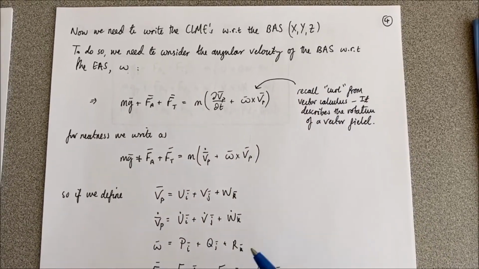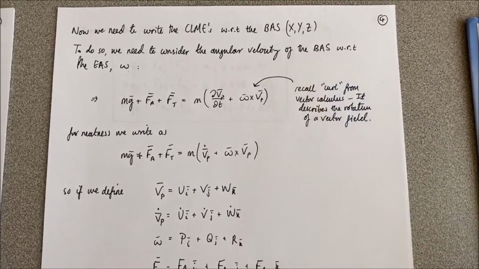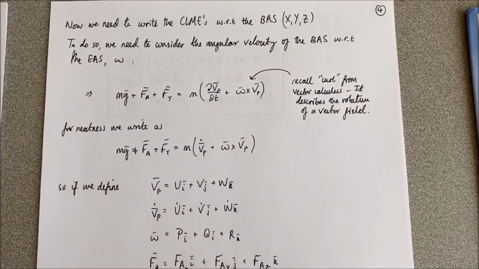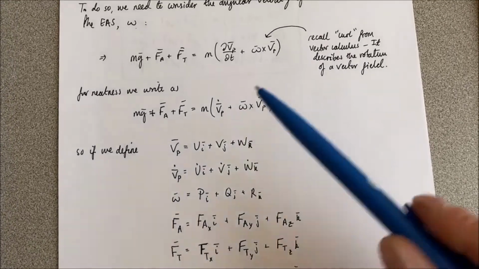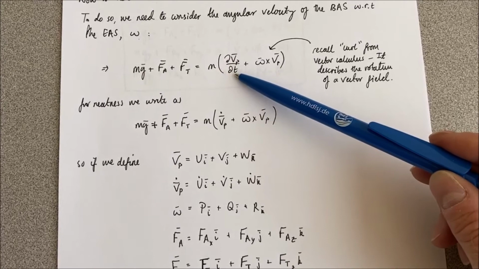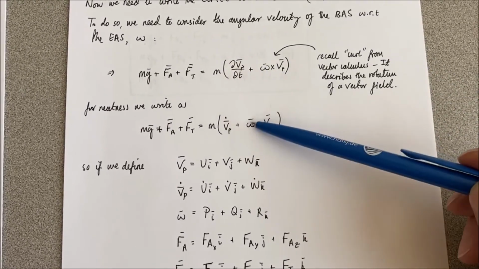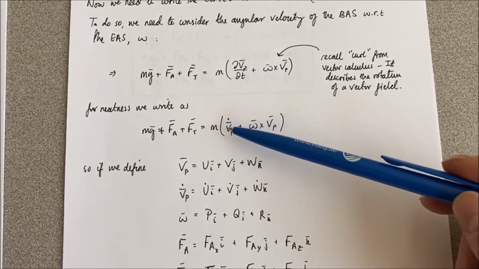So that describes how the body axis reference system is rotating with respect to the Earth axis system. And for convenience and for neatness, we start writing our partial derivatives with respect to t just with a dot. So this is just equivalent to this, where I've just written this partial derivative with respect to t as a dot.